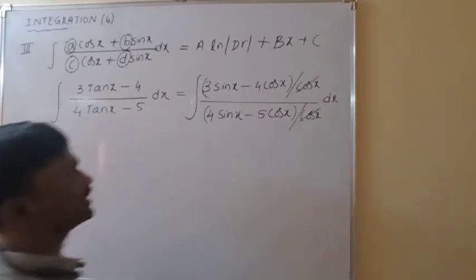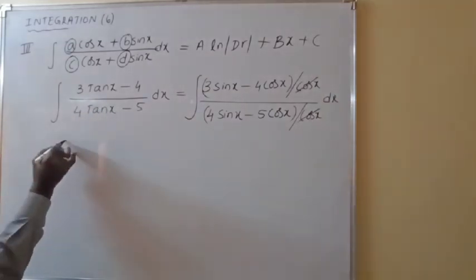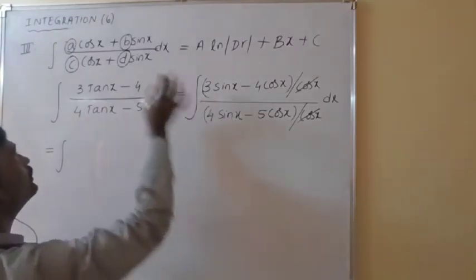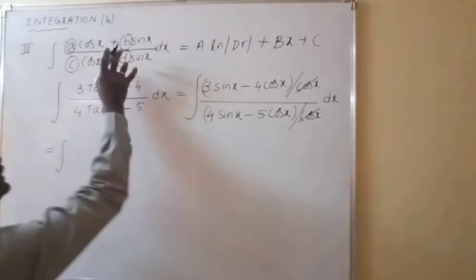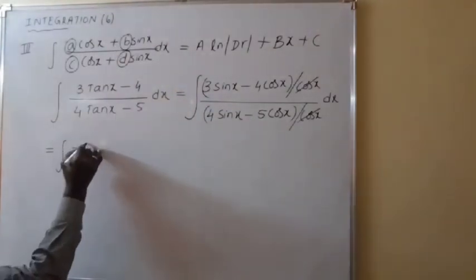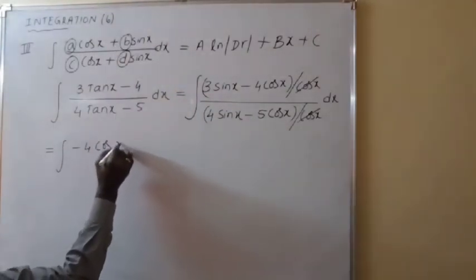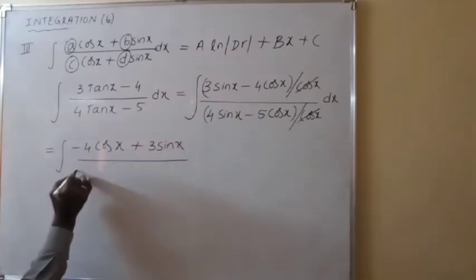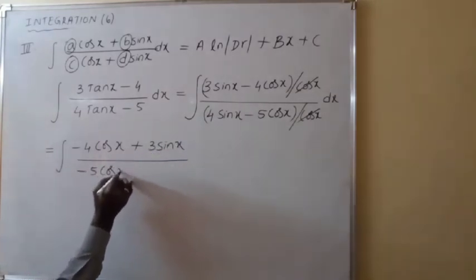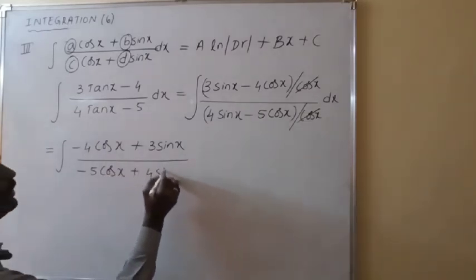Now cos x gets cancelled, and write this integrand in this form only. So first the cos x terms: minus 4 cos x plus 3 sin x divided by minus 5 cos x plus 4 sin x into dx.